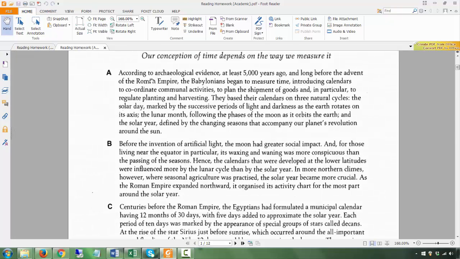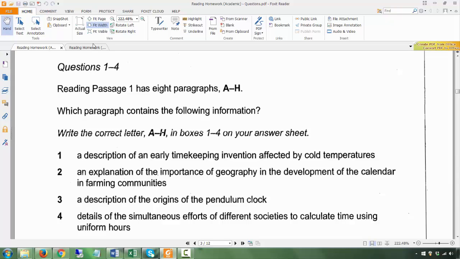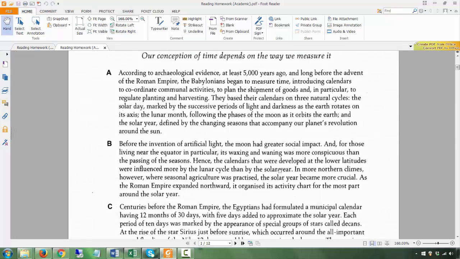That means geography affects this way of this calendar, okay? So if you read this, for those living near the equator, blah, blah, blah, calendars that were developed at lower latitudes were influenced more by the lunar cycle than by the solar year.